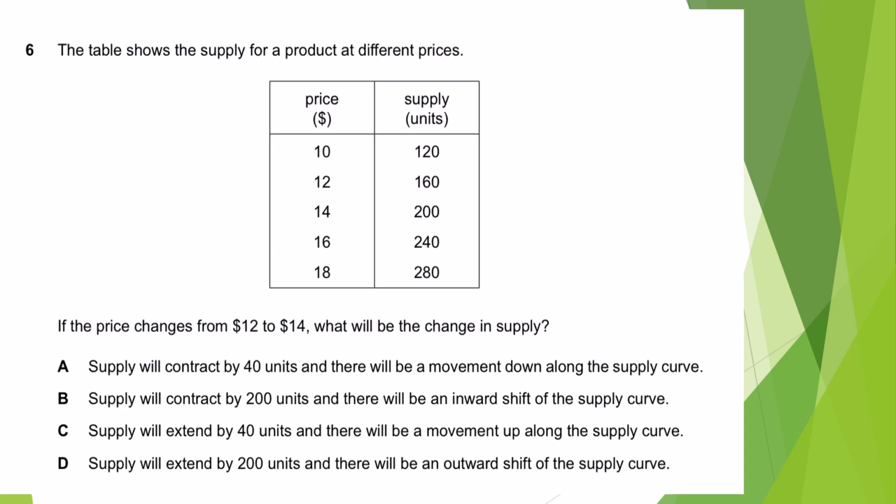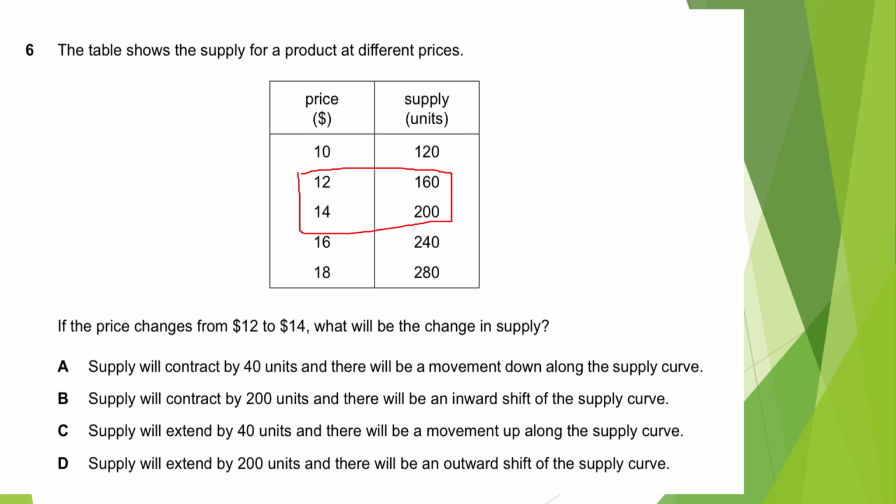Next, the table shows the supply for the product at different prices. We can clearly see that the prices are increasing and the supply is also increasing. If the price changes from 12 to 14, we need to focus on this one, right? What will be the change in supply?